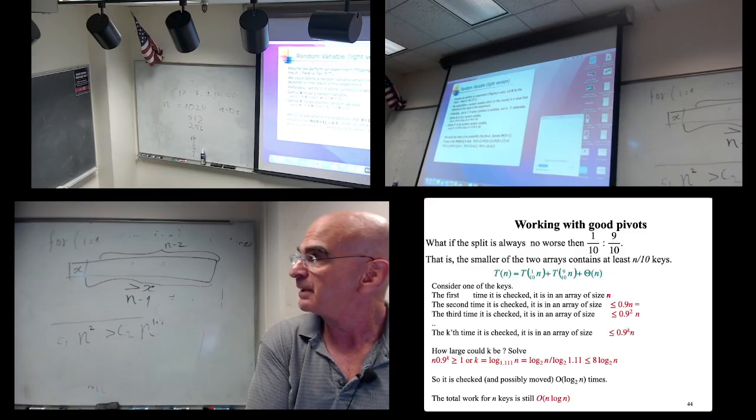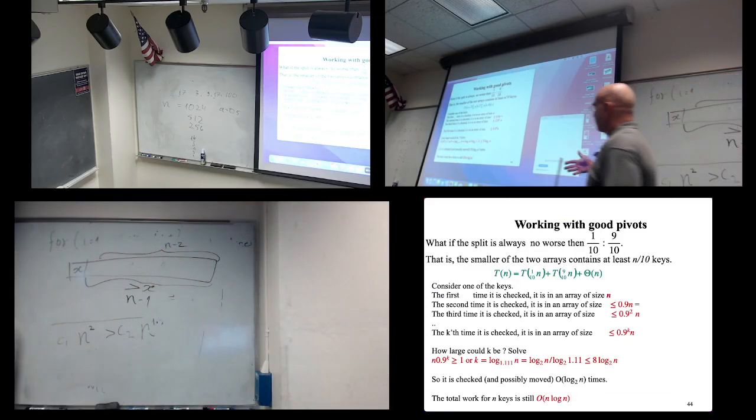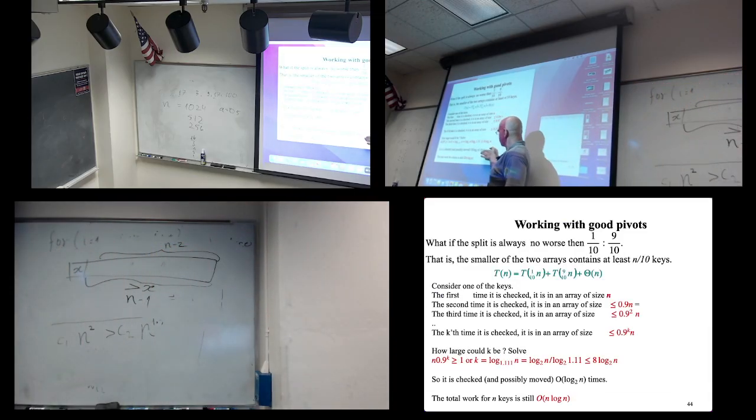But now what happens otherwise? Even if I don't pick only good pivots, it means 80% of the time I pick good pivots, and the remaining 20% of the time I don't spend an infinitely large amount of time. I'm still doing a partition, it just didn't change much.